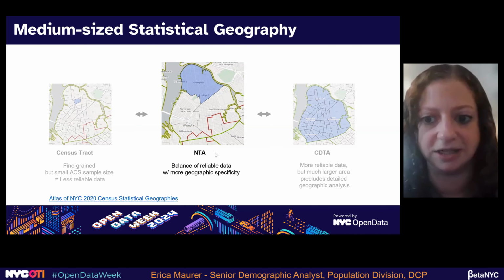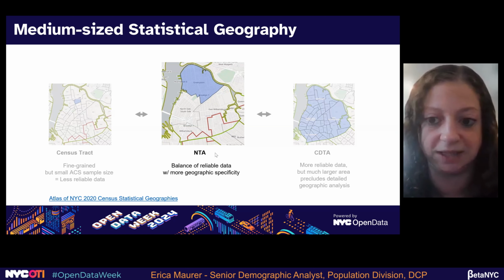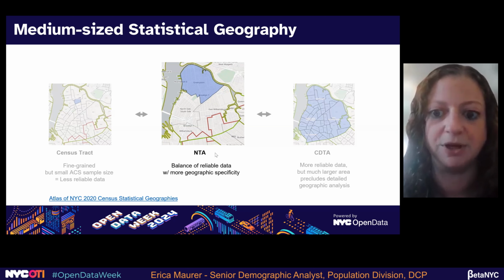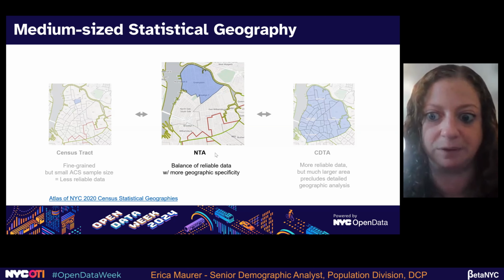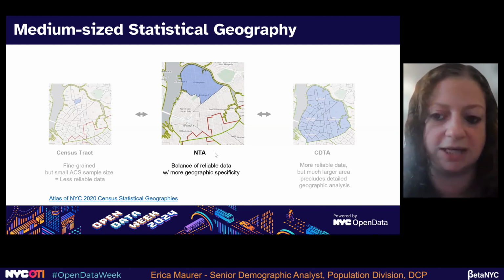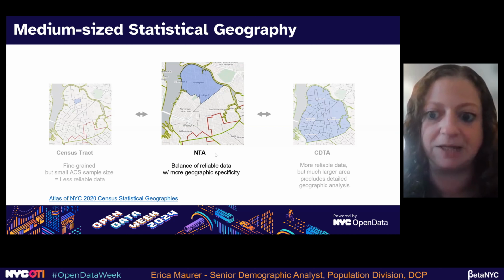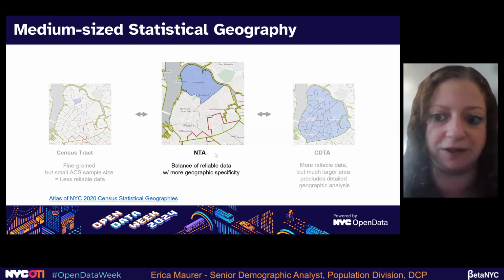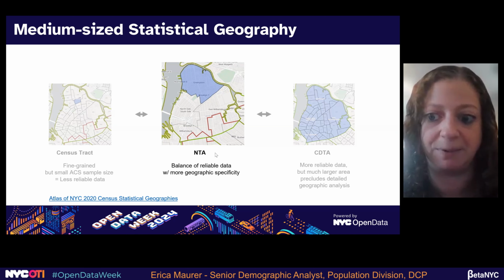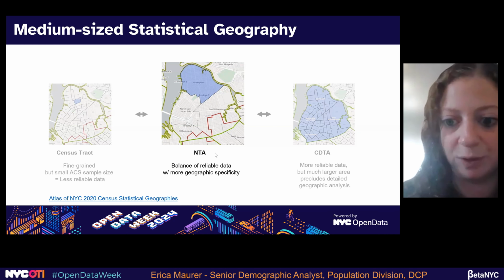On the other end of the spectrum of the sizes, we have the CDTAs, and they're much more reliable, but the larger area precludes detailed demographic analyses. So in the middle of these two are the NTAs, which is that balance of the reliable data, but more geographic specificity. And so this is the geographic level that we use to map our characteristics in Population MapViewer.